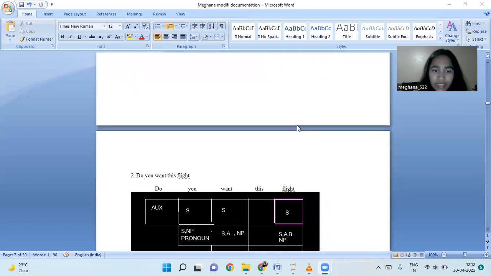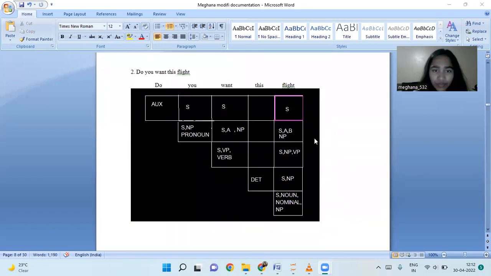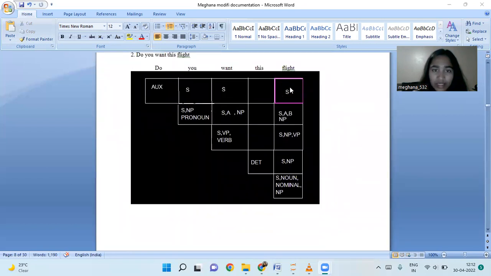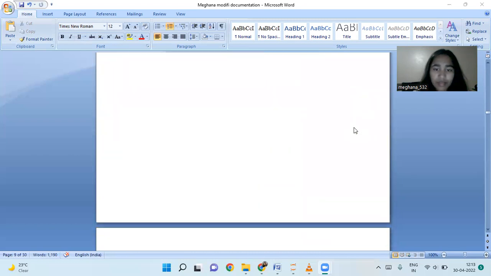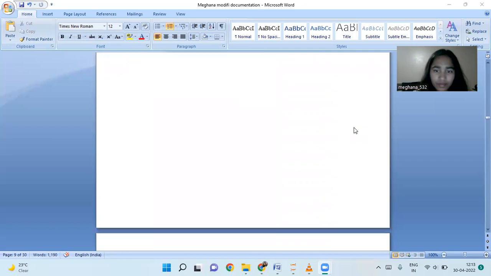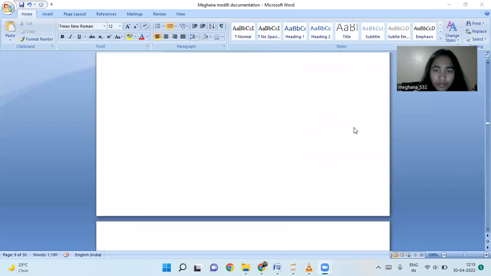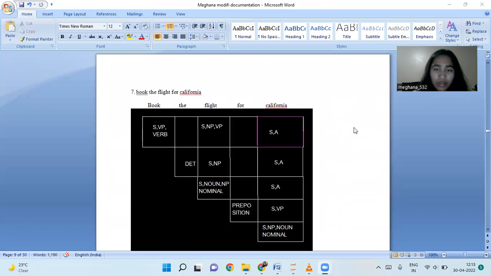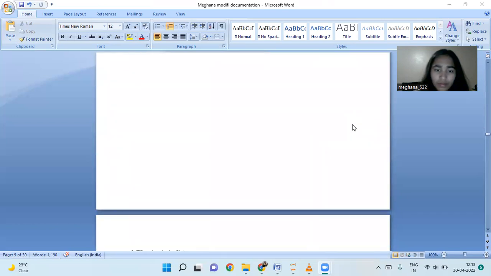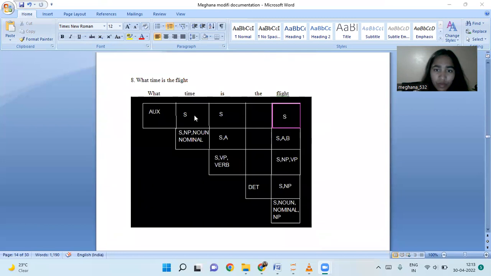So, for 15 sentences, we have constructed 15 tables, each containing the start symbol in the final cell, indicating these sentences are valid. What time is the flight?